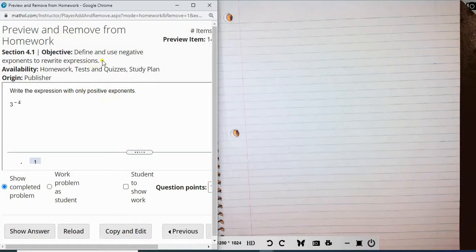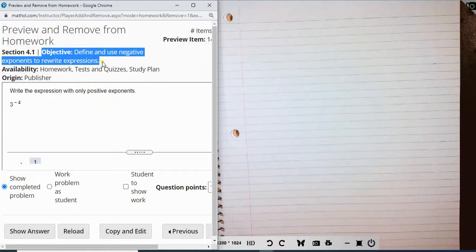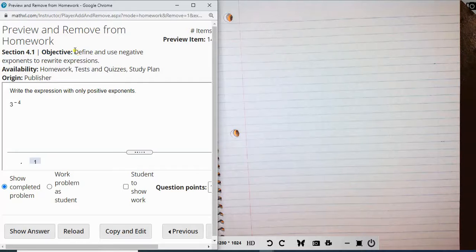It's important because each one of these questions has the objective up here, and it shows you exactly what this particular problem is assessing on your ability. So as you can see, we're talking about using the negative exponent rule.